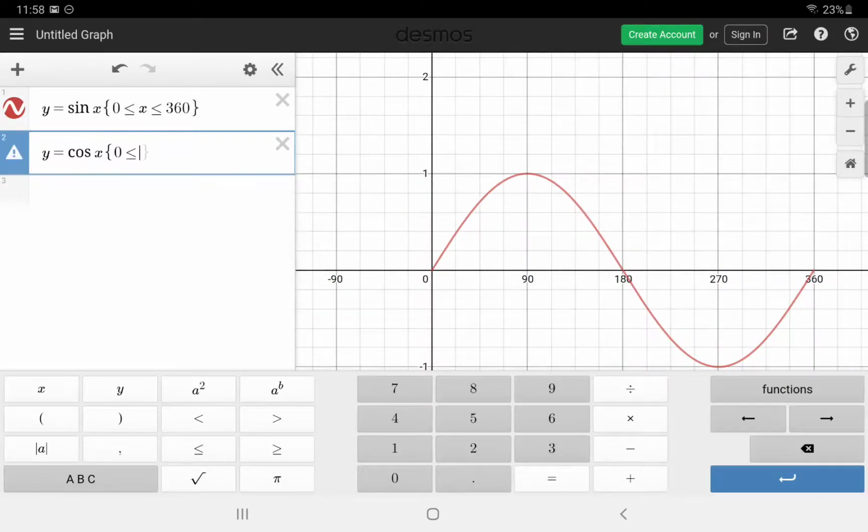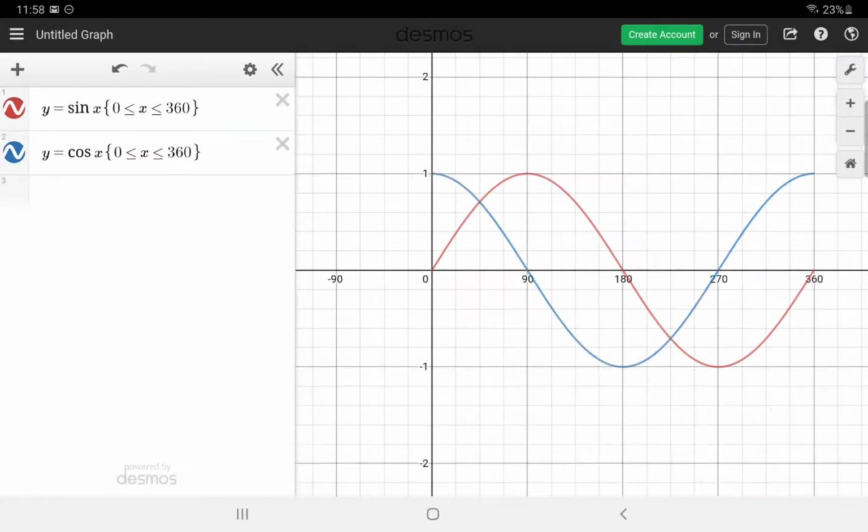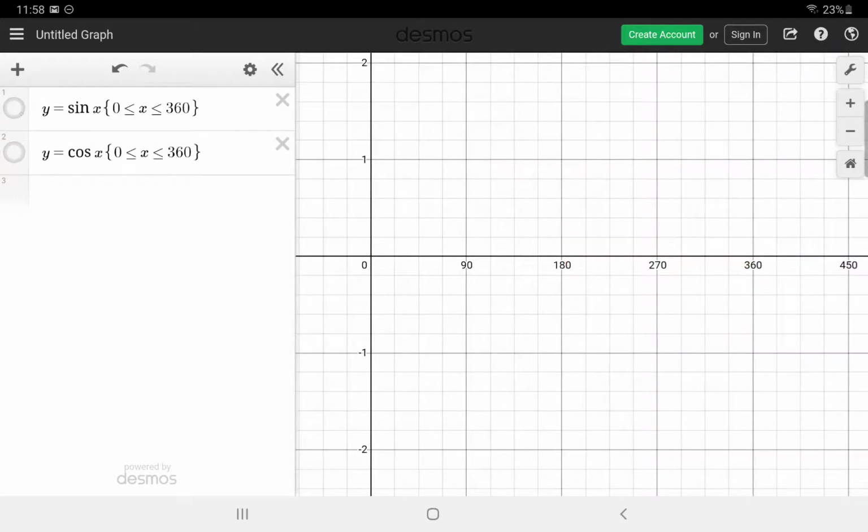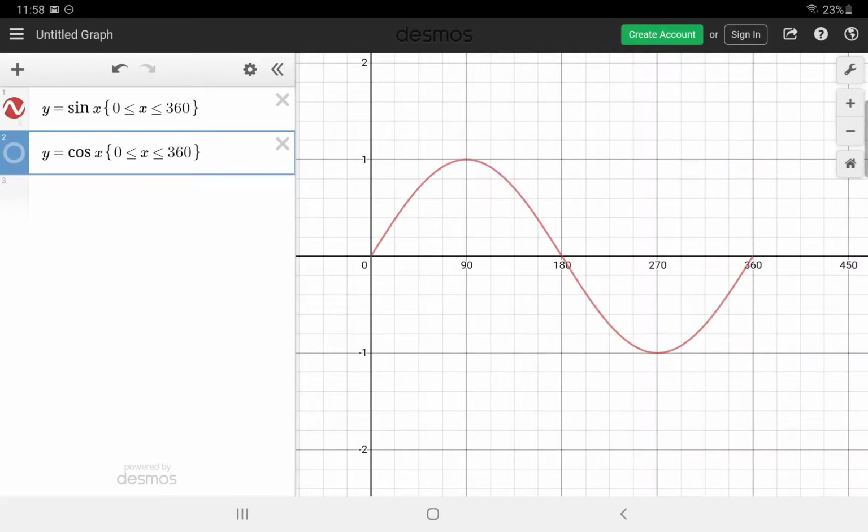So 0 is less than or equal to x, which is less than or equal to 360. And now we have both the sine and the cos graph on the same grid. Okay, and we have just one cycle of it. Again, with Desmos, if you want to hide one of the graphs, you can just touch the red or the blue, and it'll hide the pictures so you can work on it and see what's happening.